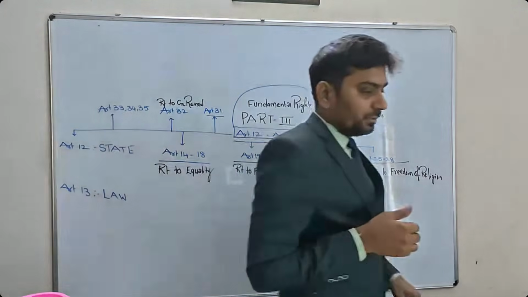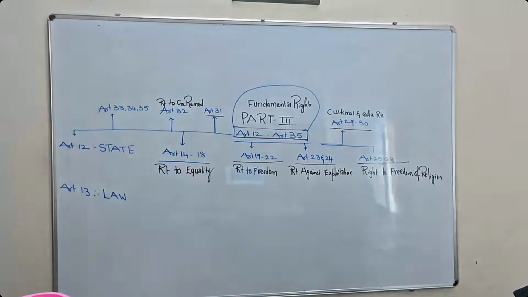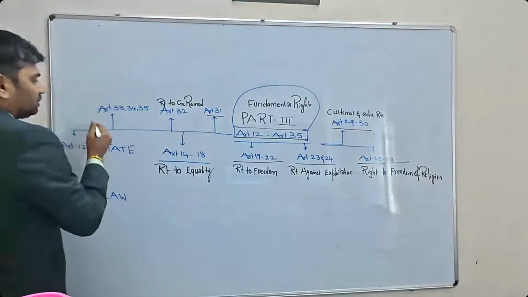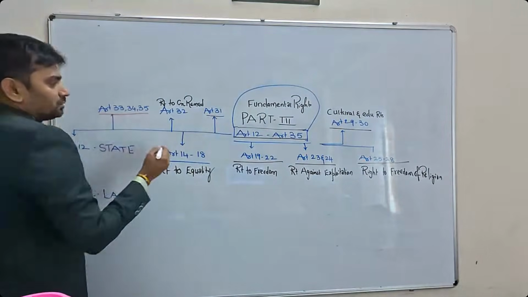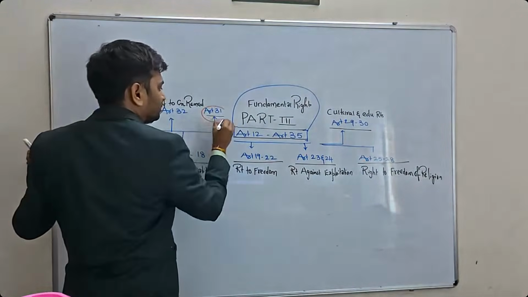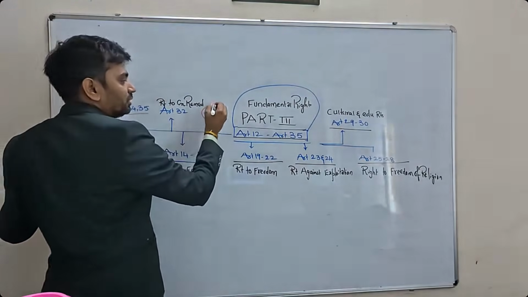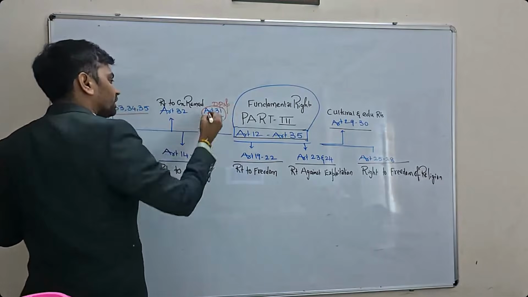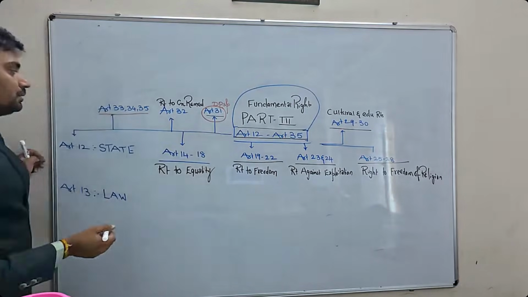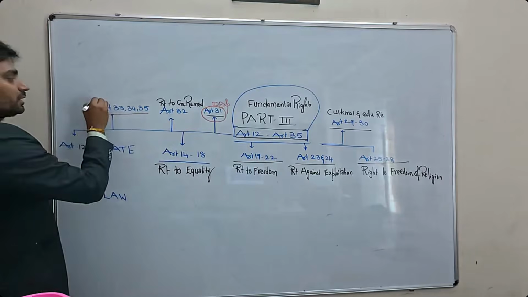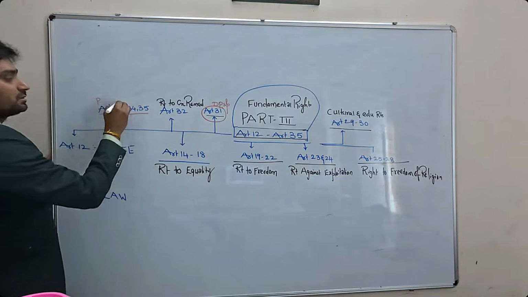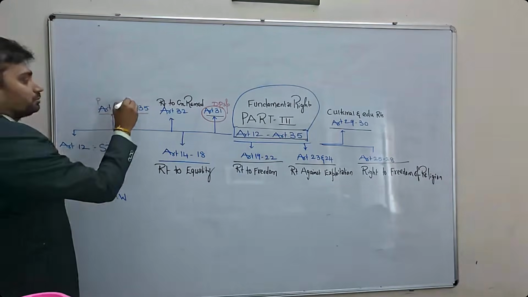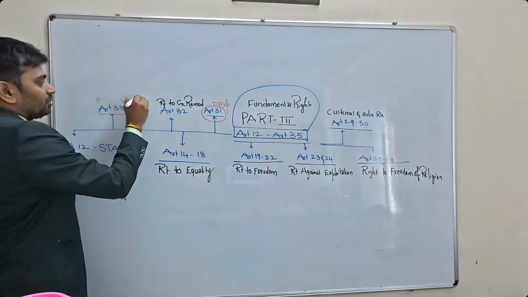They can be remembered as the restrictions. 31 is certain laws to give effect to DPSPs, 31A, 31B, 31C. 33 is the right of Parliament to amend this. 34 is what happens when there is martial law.